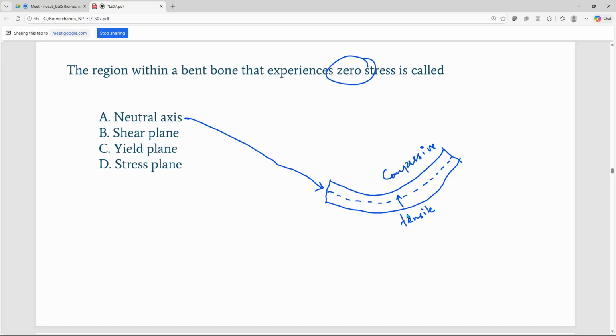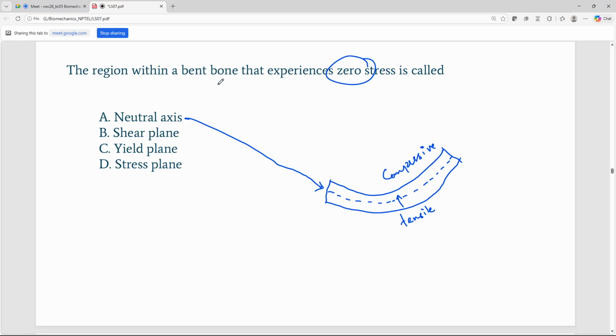If we take tensile stress as positive and compressive as negative, then at this neutral axis there is a sign change. The location where the sign change happens is zero. So it's a zero stress region known as the neutral axis.